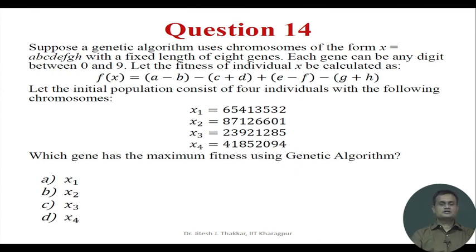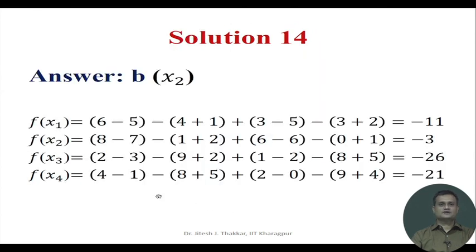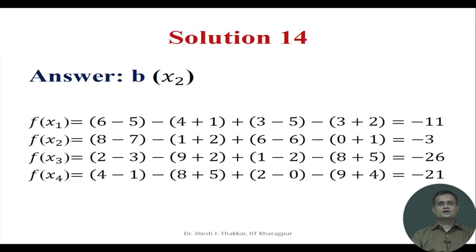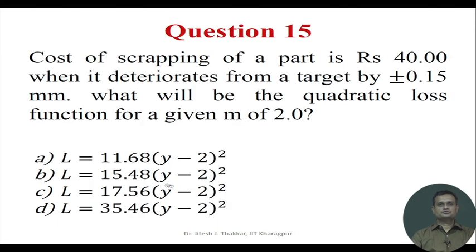Let the initial population consist of 4 individuals with the following chromosomes, and now you are supposed to find which has the maximum fitness using the genetic algorithm. You can compute it by substituting the values in the function, and you will find that the correct answer is B, that is x2.